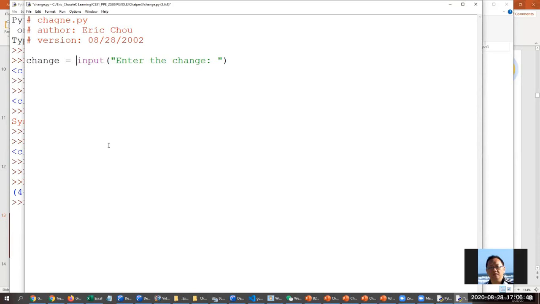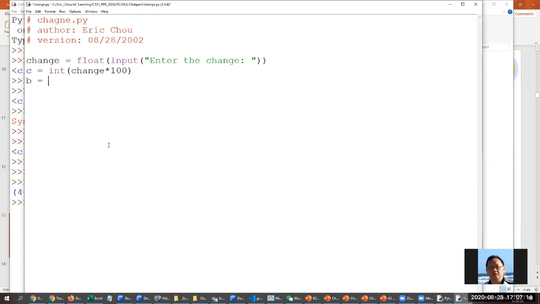So here I converted to floating point. I got a change, but I want to make it in cents. So the change I get in, I should convert to integer by the change times 100.